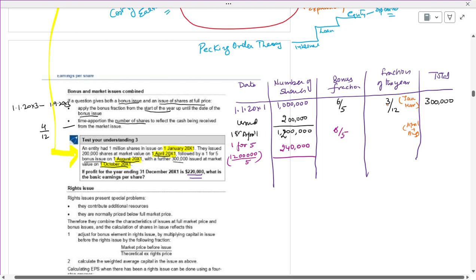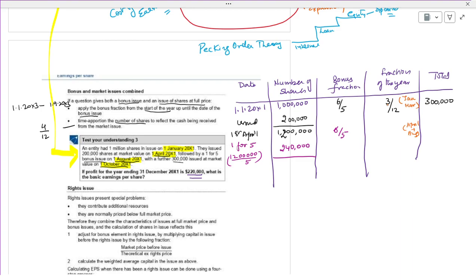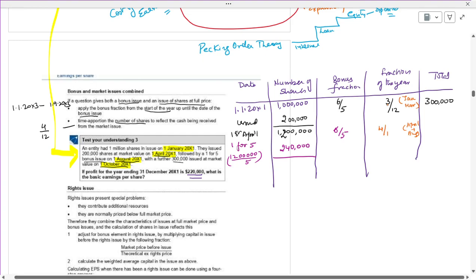April, May, June, July. How many months are there? 4 months, so 4 divided by 12.